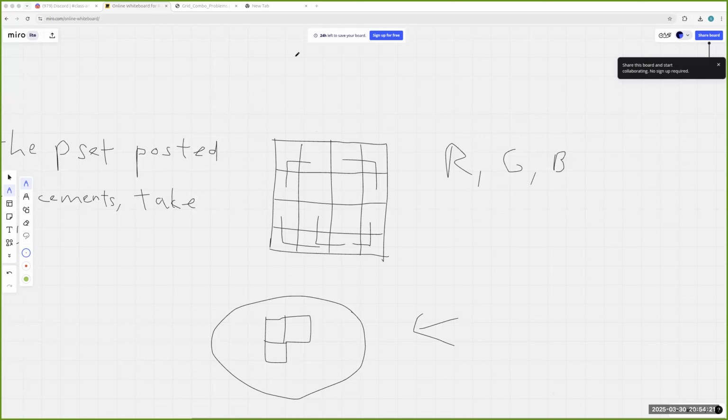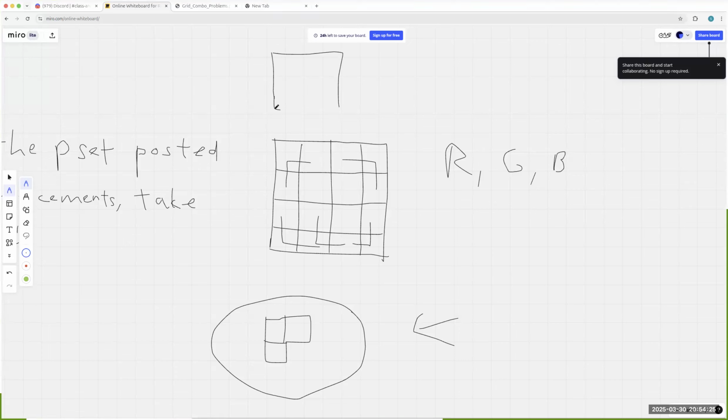All right, so the thing I was thinking of is you could take a 2 by 2 subgrid of this grid, and each of those 2 by 2 subgrids has four L tiles, right? So you have this one, this one, and this one, I think.